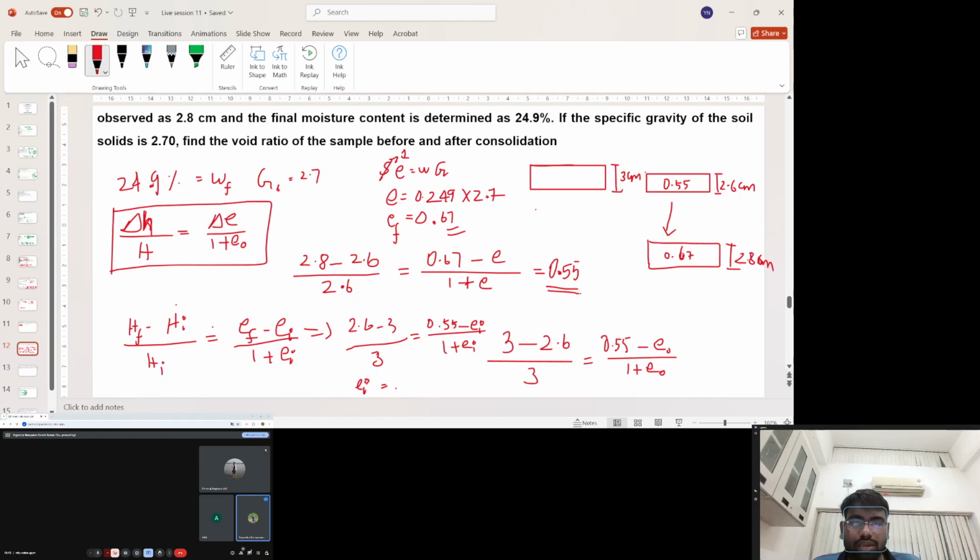So we are getting e initial will be 0.79. We are able to get this value.